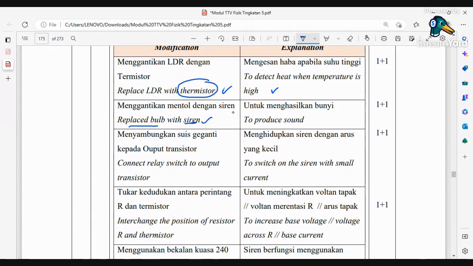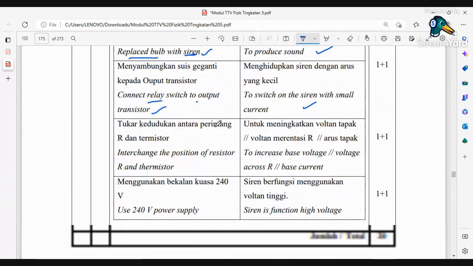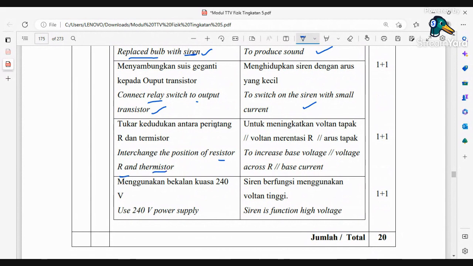Bulb with siren to produce sound. Relay switch to output transistor. Interchange position of resistor R and thermistor to increase base voltage. Use the 240 volt power supply at the siren. Siren function at high voltage. 10 markah.